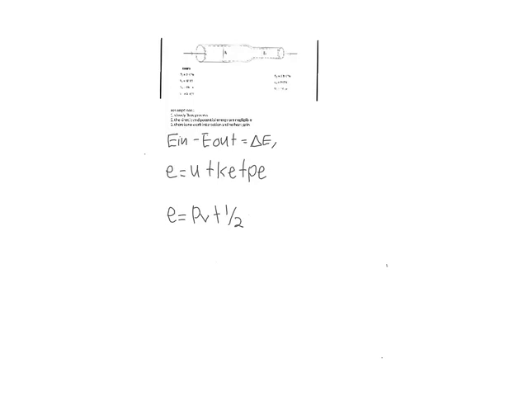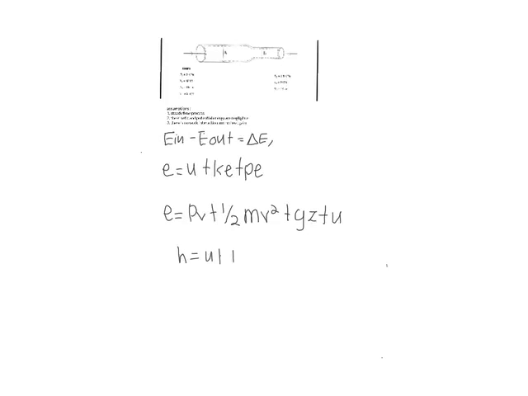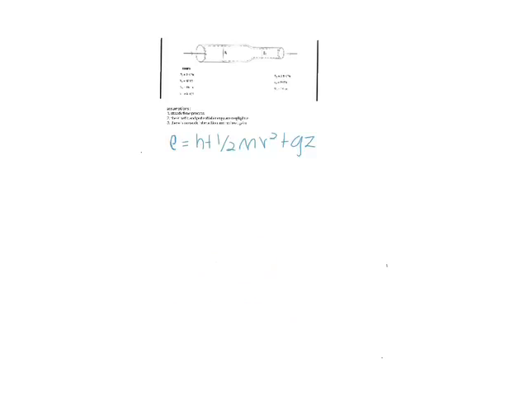So now we have E equals to flow energy plus internal energy plus kinetic and potential energy. And previously we have also learned that enthalpy is equals to internal energy plus flow energy. When we substitute H into the first equation, we will get E equals to enthalpy plus kinetic energy plus potential energy.